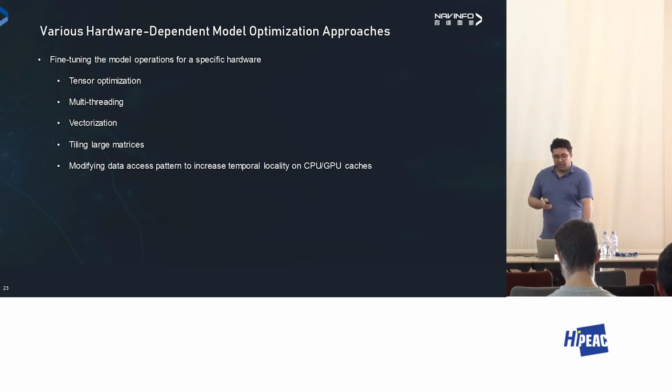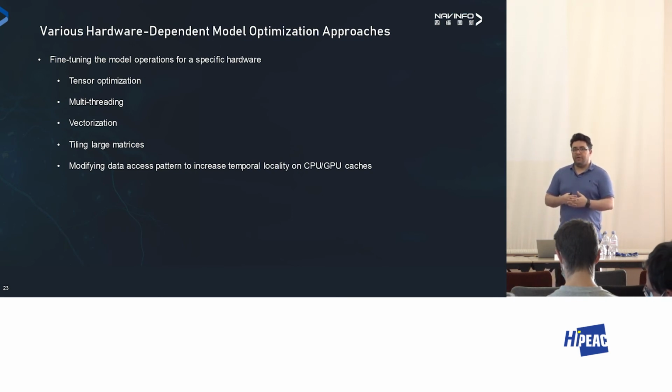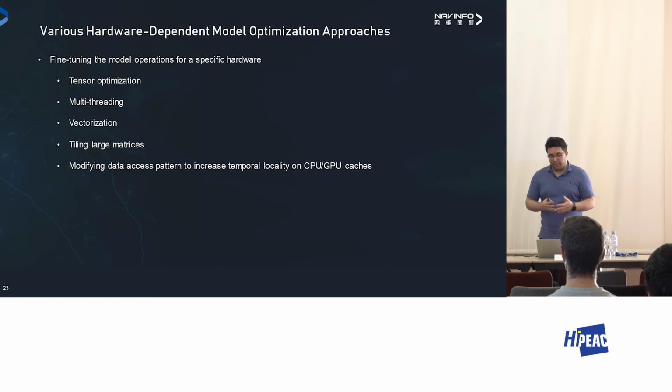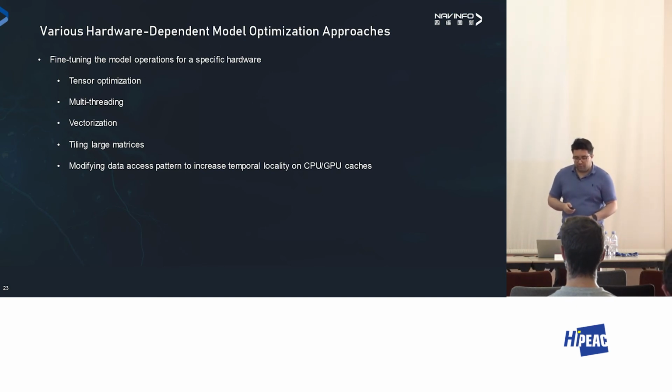Another important thing is improving the data access pattern. For instance, sometimes a simple multiplication of matrices can give you a specific cache miss rate. And if you can somehow reorder your data to exploit more temporal locality or reduce the cache miss rate to some extent, this can be very beneficial and improve your performance.